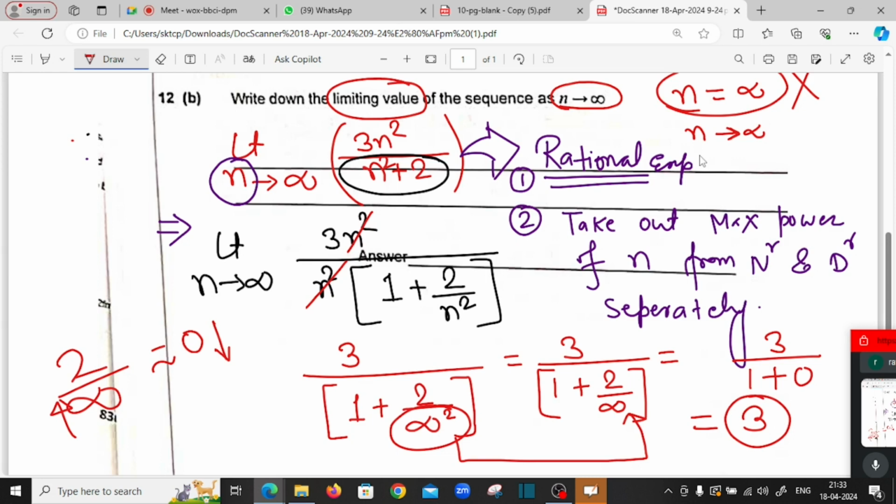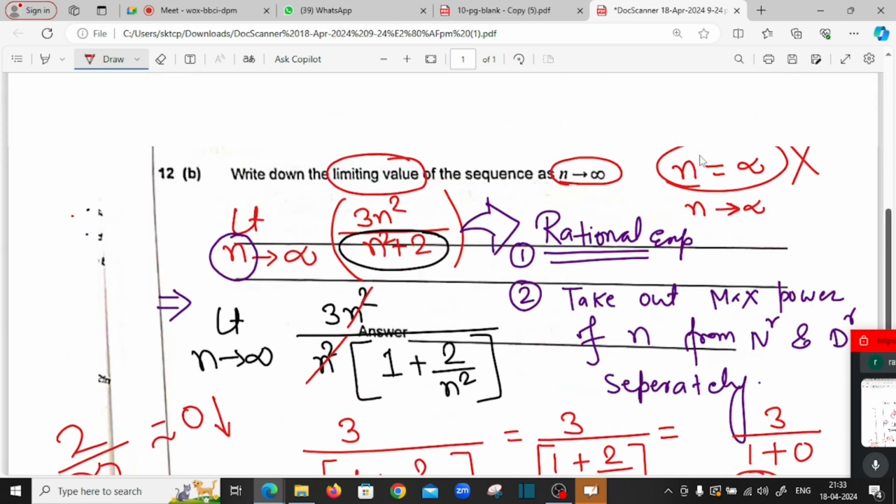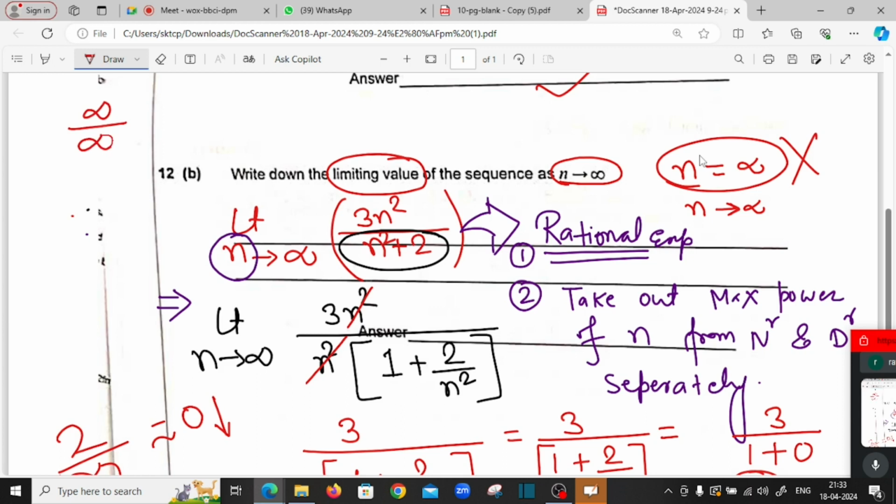See, if you try to put the value of n directly, you will get infinity upon infinity, right?